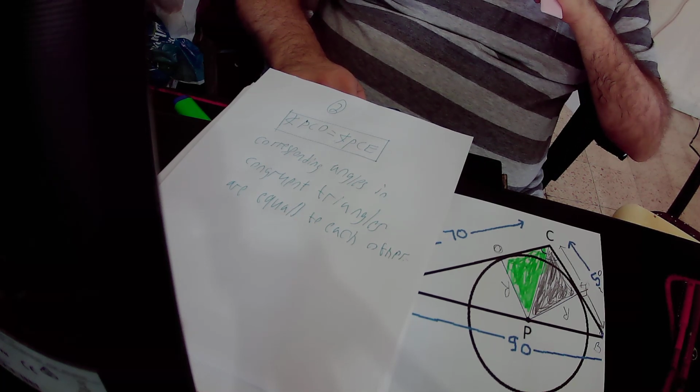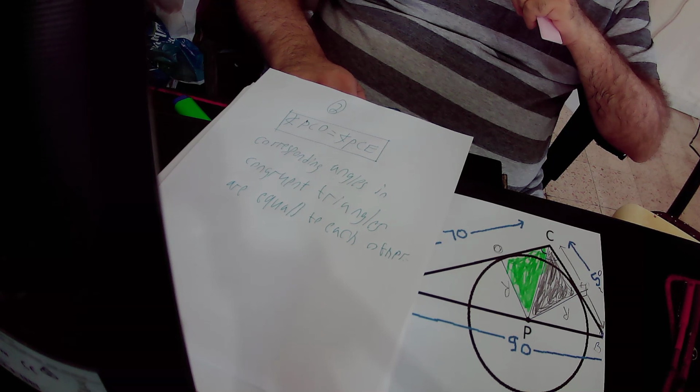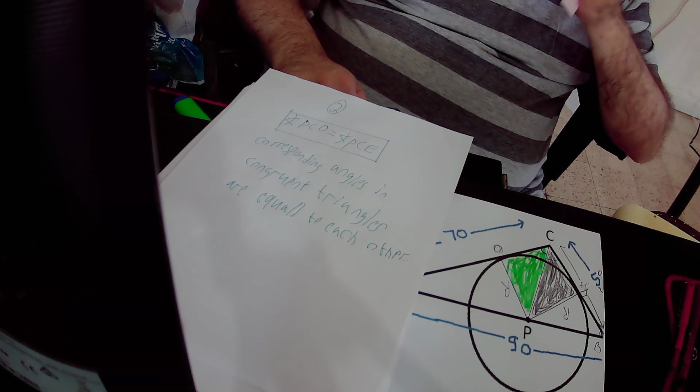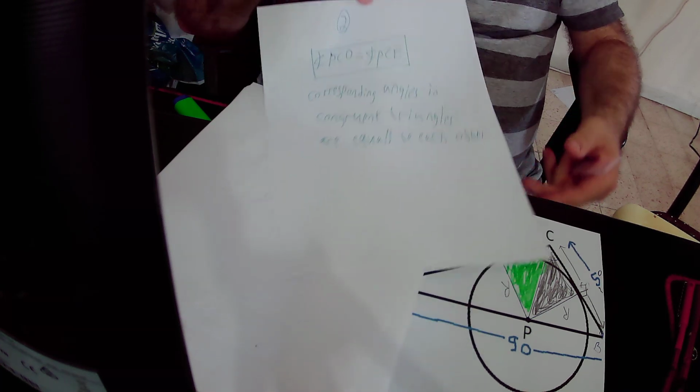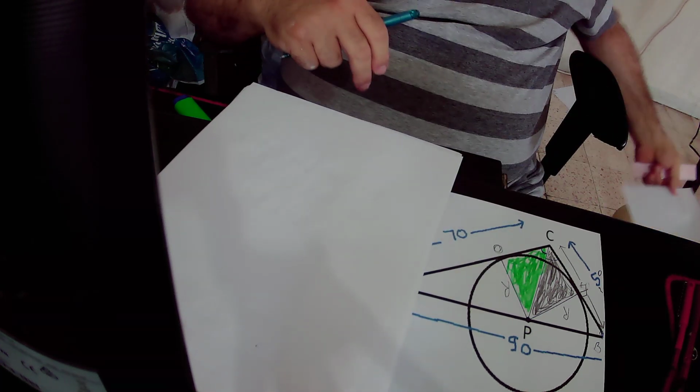Okay, so in the next step I will draw again triangle ABC.